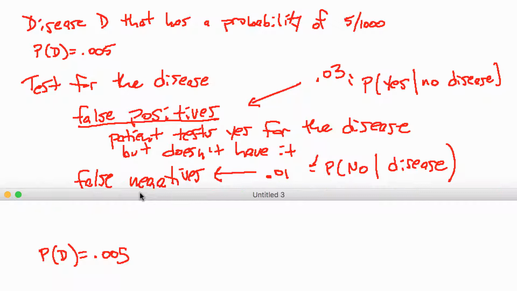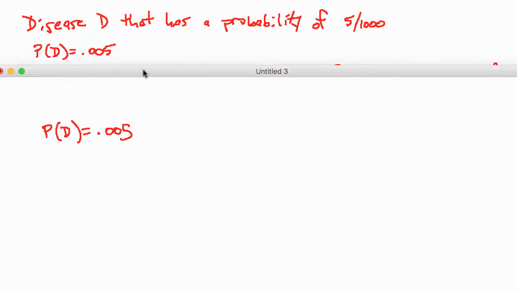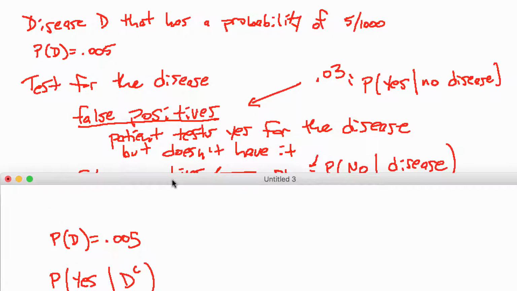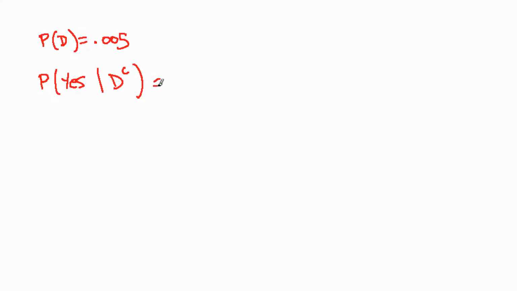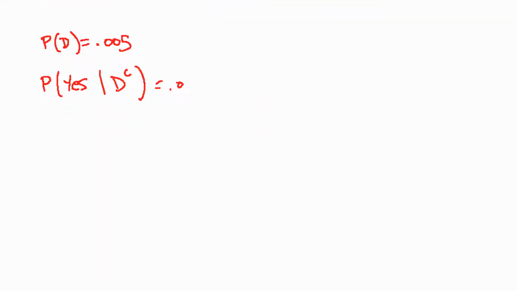First of all, let's try and write down everything that we know. So we know that the probability of the disease is equal to 0.005. And we also know that the probability of yes given no disease, I'm going to write DC, disease complement, meaning no disease, is equal to 0.03.